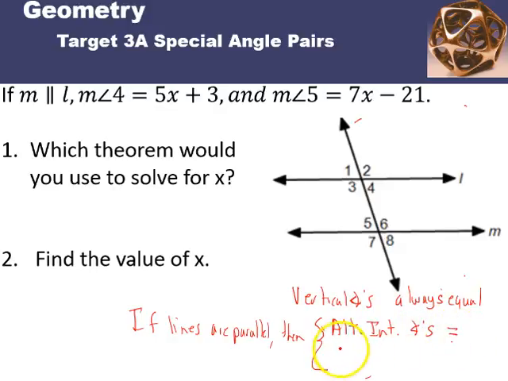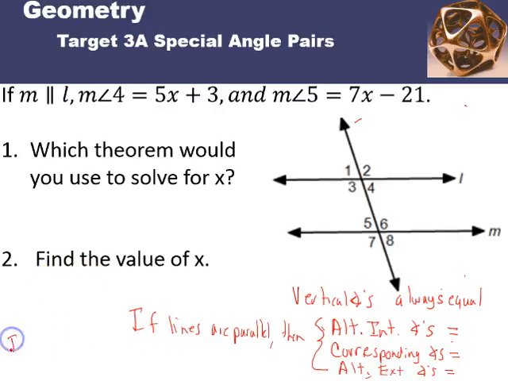That's only if the lines are parallel. Corresponding, I'll just write it out. Angles are equal. And lastly, alternate exterior angles are equal. Okay, and then one more. It's again if the lines are parallel.